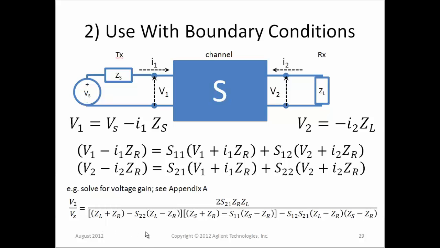It's a little bit more involved. It involves all four S parameters. It involves the source and load impedance, and also this algebraic quantity, the reference impedance ZR. So it's a little bit more involved, but we can basically use S parameters in an EDA tool for answering questions like what's the voltage gain of the end-to-end system.